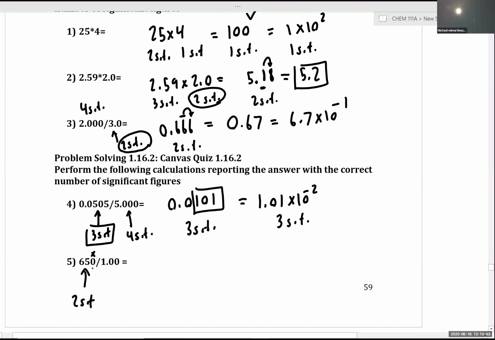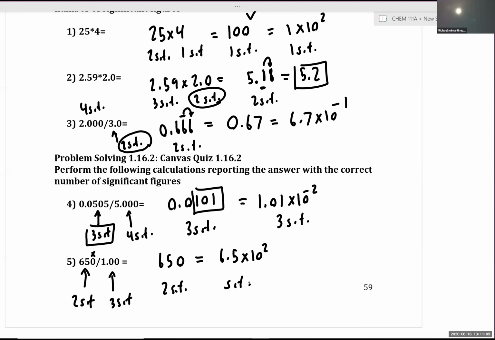So 650 has two sig figs, while 1.00 has three sig figs. So our answer needs to have two sig figs. You can write it as 650, which has two sig figs, or you can write it in scientific notation as 6.5 times 10 to the second. Both are valid. Does this make sense to everyone?